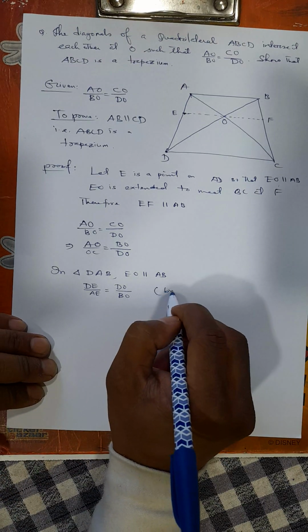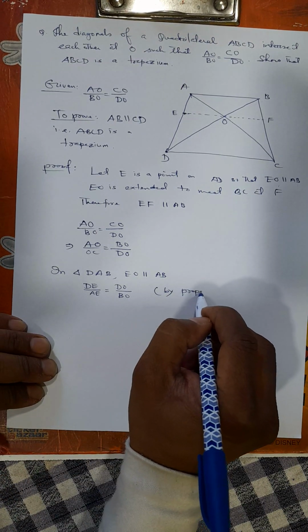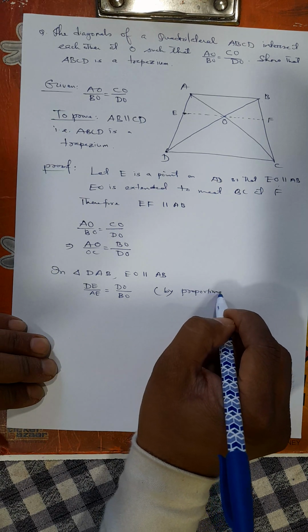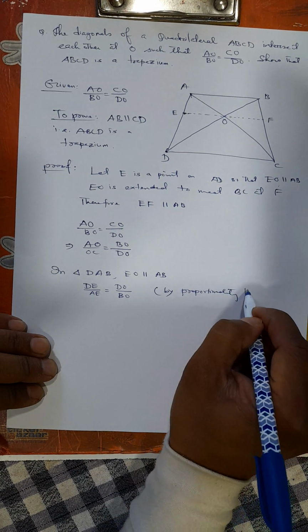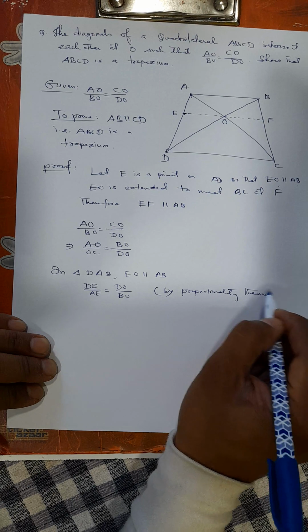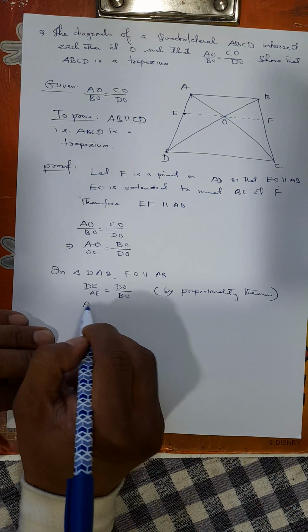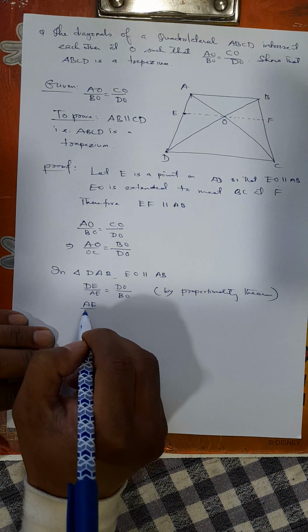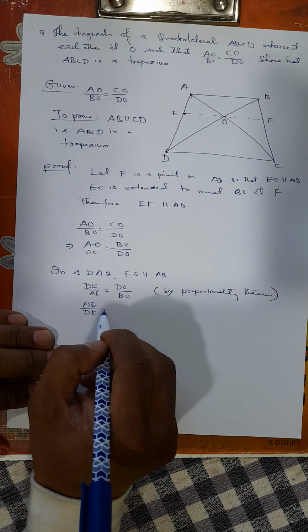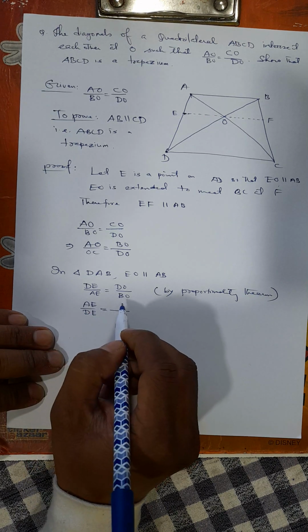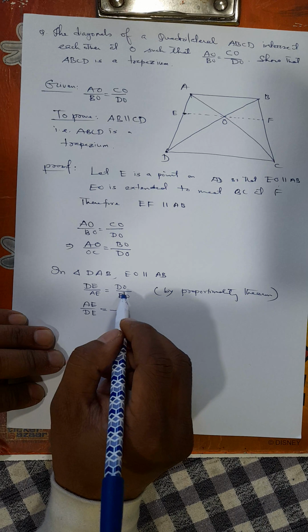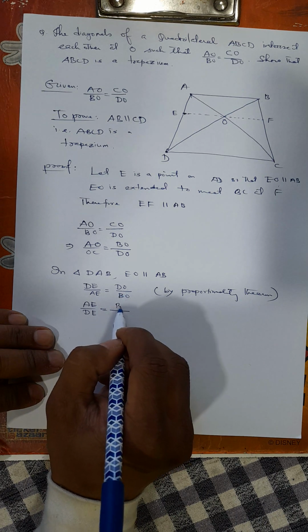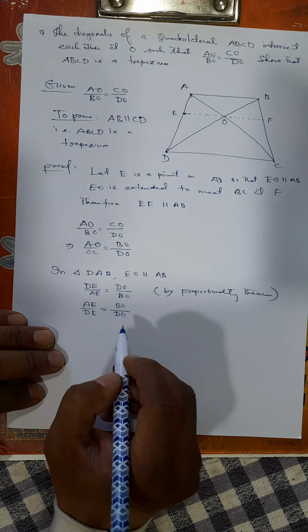By the proportionality theorem. This you can write as AE by DE equals BO by DO.